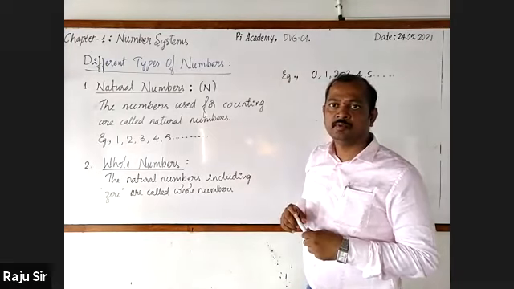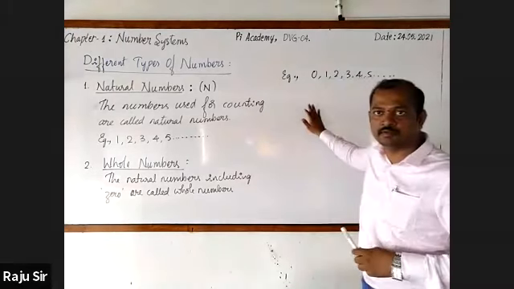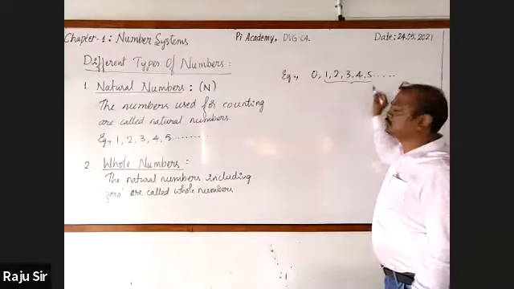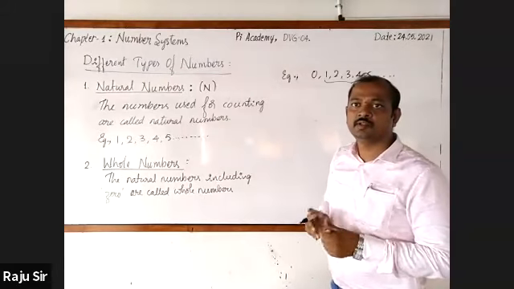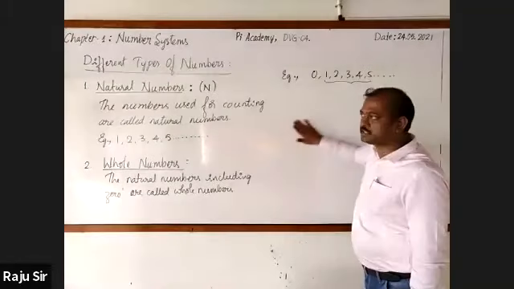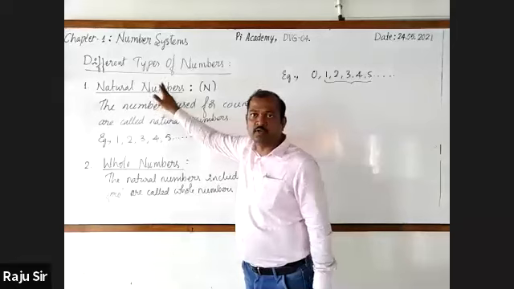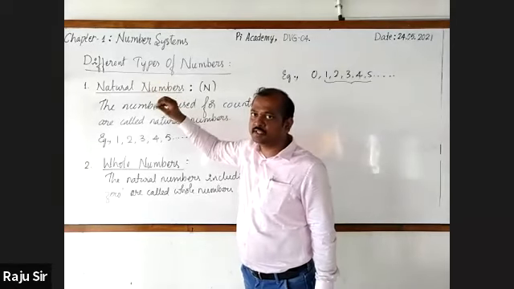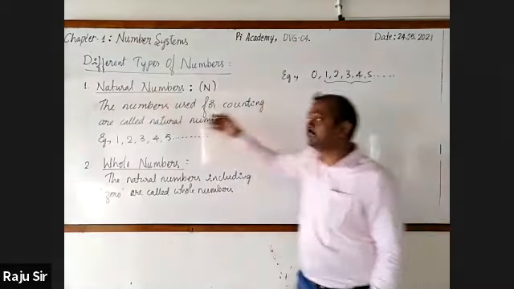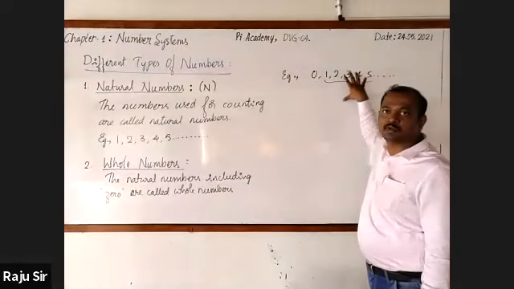Have you written? Yes, sir. Dear students, what is called 1, 2, 3, 4 and so on? Natural numbers. Of course, they are in the list of whole numbers and they are also natural numbers. Can we say that natural numbers are there in the whole numbers also?